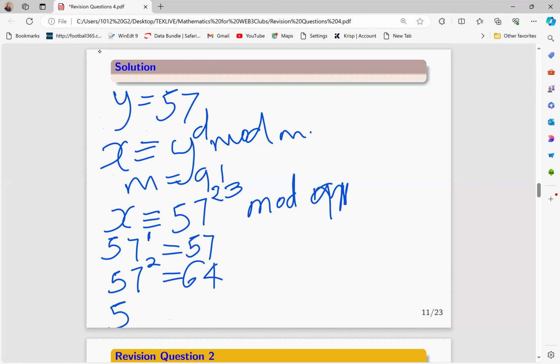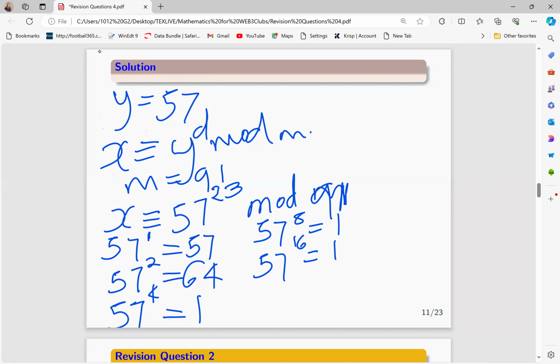Then 57 power 4 is 1, the remainder is equal to 1. So 57 power 8 will be 1, and 57 power 16 will be 1. 16 is closest to 23.